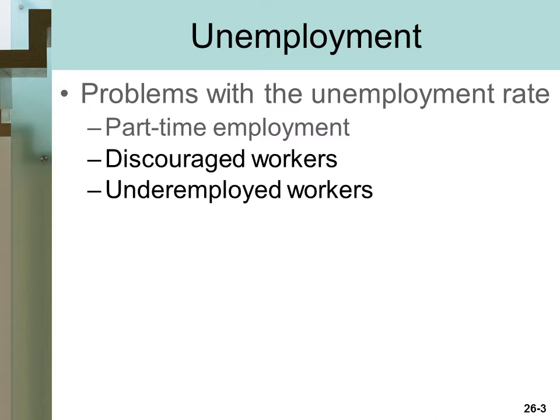They don't think there's any possibility of being hired in the current economic environment. So discouraged workers are not counted as unemployed because they're not actively seeking employment. Remember, when we define those people in the labor force, if you're not actively seeking employment, you're not part of the labor force. So again, the current unemployment rate of 8.2% might not be a true measure of the real unemployment rate.